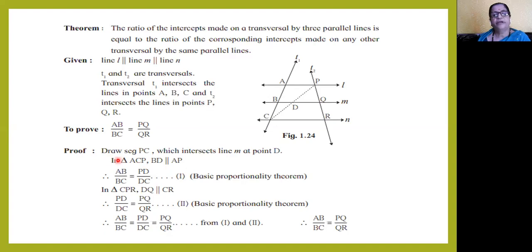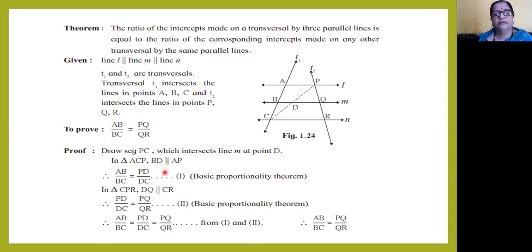Draw a segment PC. PC is the segment drawn and it intersects the line M at the point D. In triangle ACP, BD is parallel to AP.